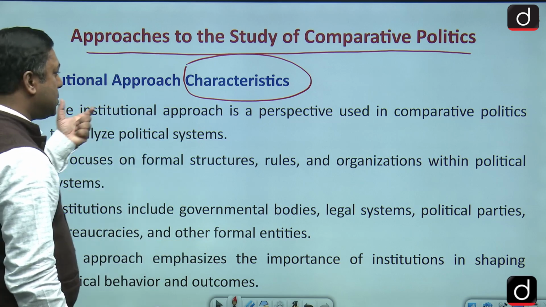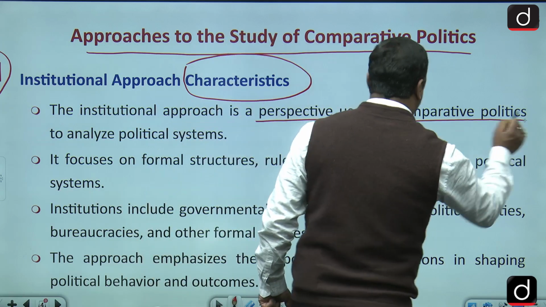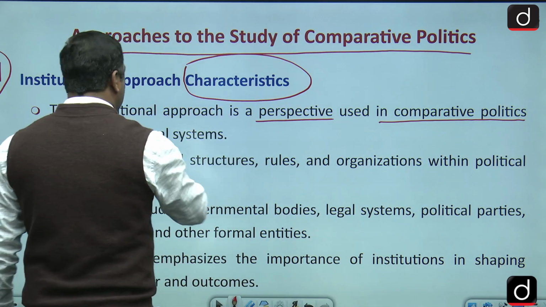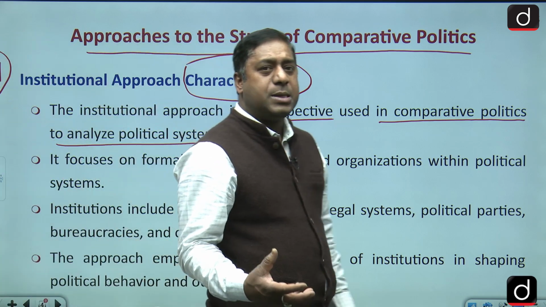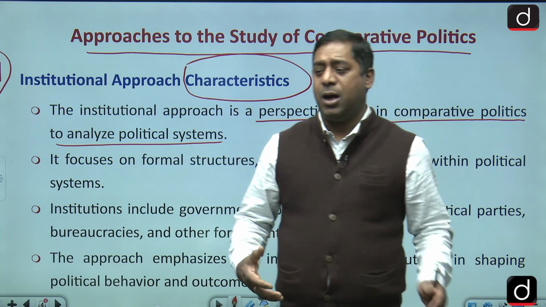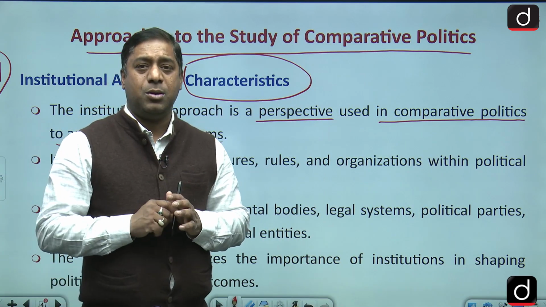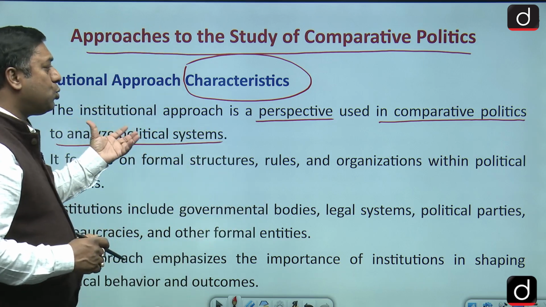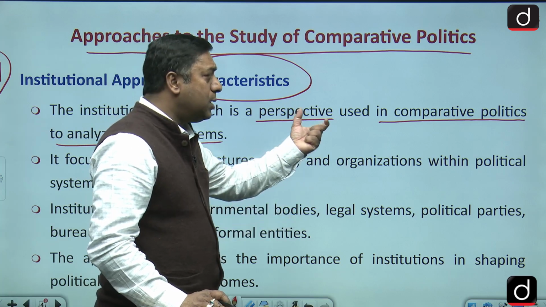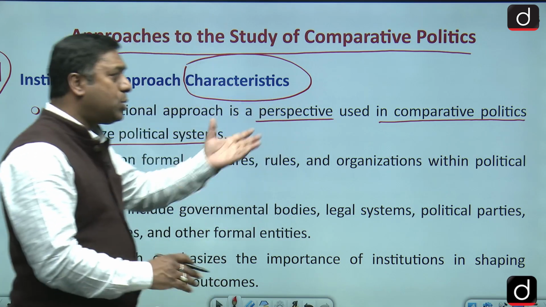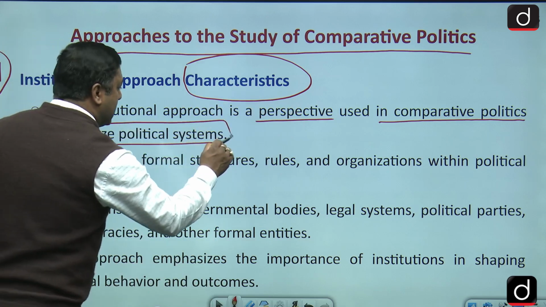It says that the institutional approach is a perspective used in comparative politics to analyze the political system. Perspective means a way ahead, a method by which we look at things. So the institutional approach is used in comparative politics to analyze the political system.